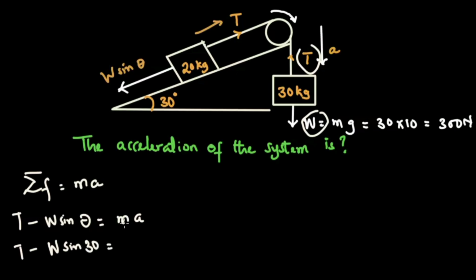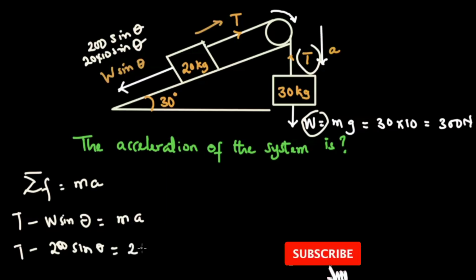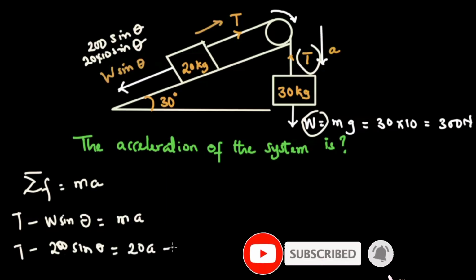Let's substitute the weight directly. The weight will be the mass of 20 kg multiplied by the acceleration due to gravity, so 20 times 10 sine theta, which is 200 sine theta. And here we have our mass, 20a. Let's take this as equation 1.